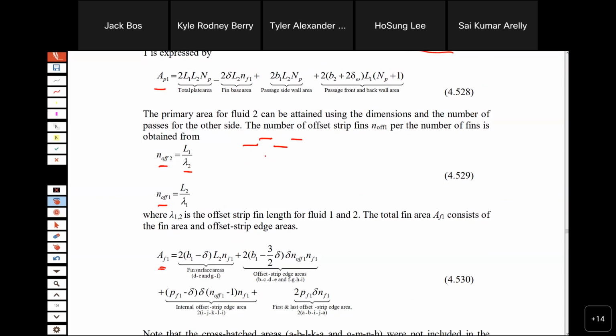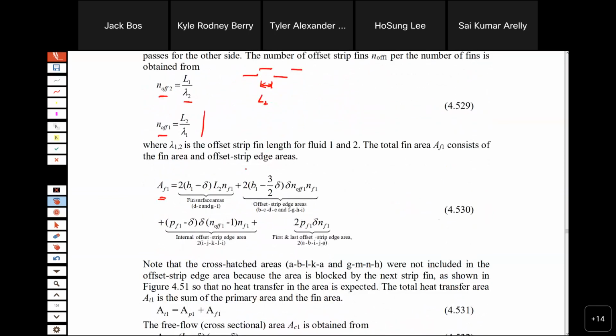The wavelength is the length of one offset, L2, L1, whatever. So that we define number of fins.